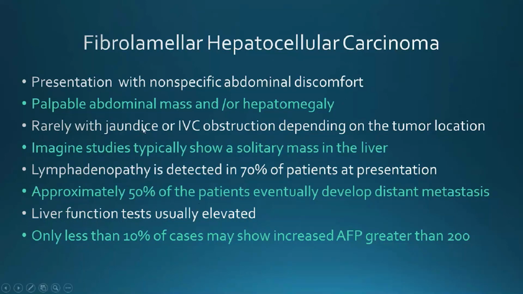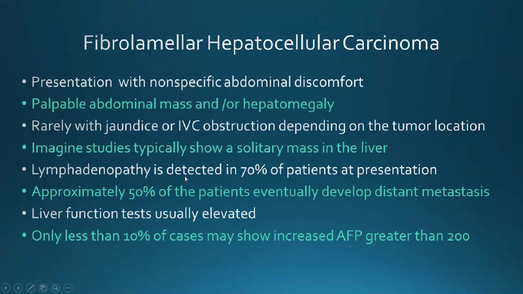Rarely they present with jaundice or inferior vena cava obstruction, depending on the location of the tumor and if they affect the bile duct system or compress the inferior vena cava. But these are very rare presentations. Imaging studies typically show a solitary big mass in the liver.